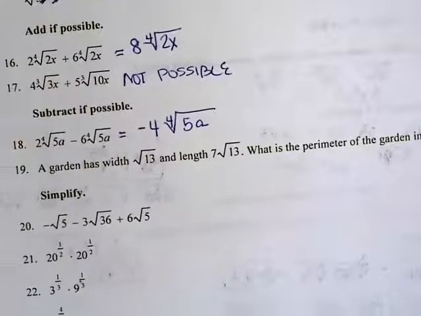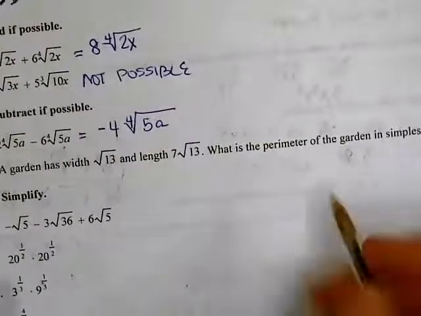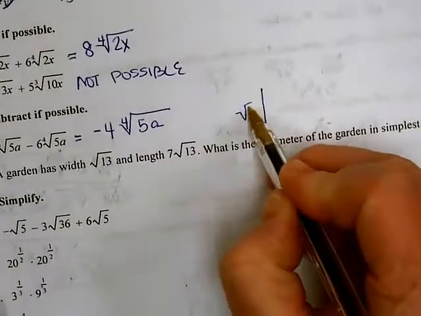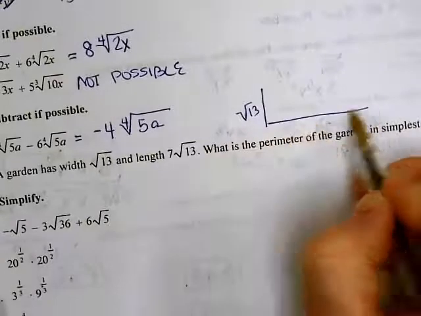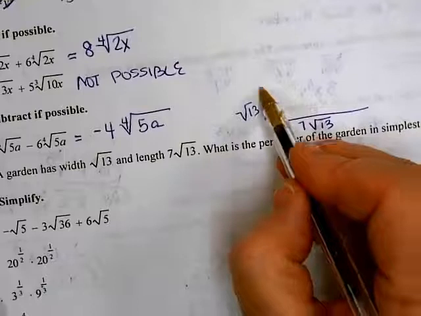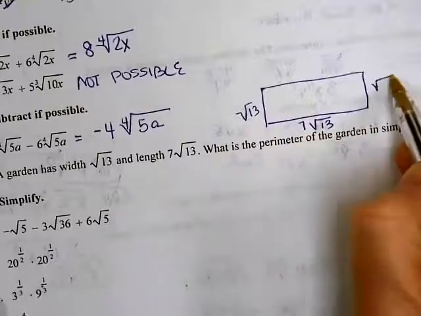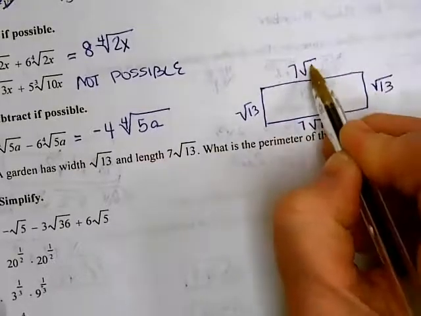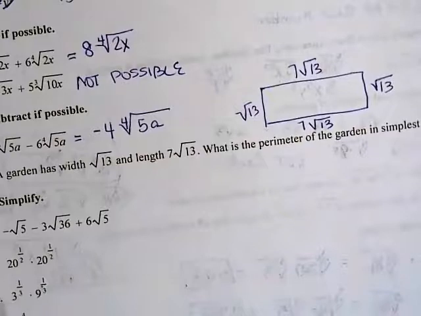Okay, 19. A garden has a width of square root of 13 and a length 7 square roots of 13. What is the perimeter? How do you find the perimeter?